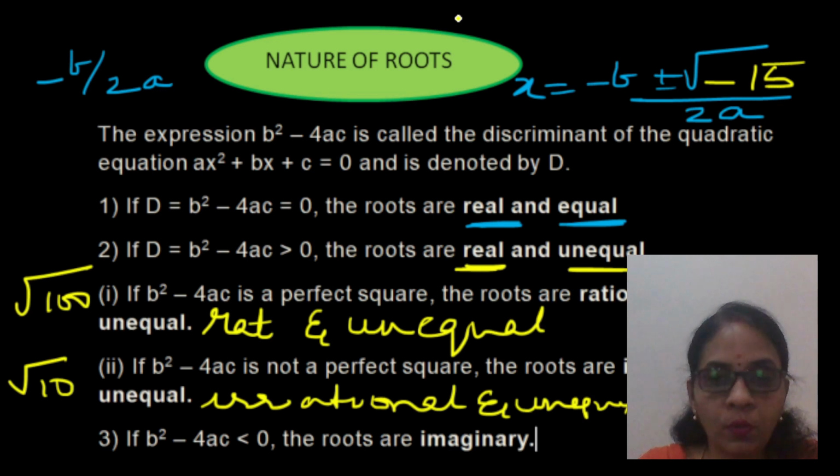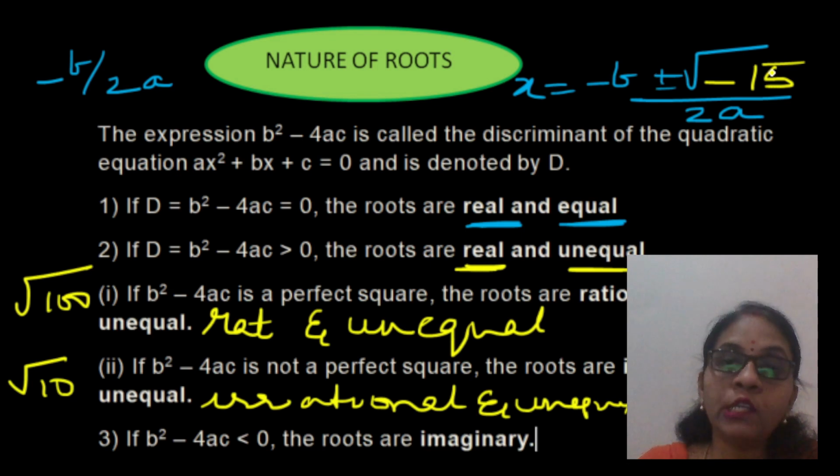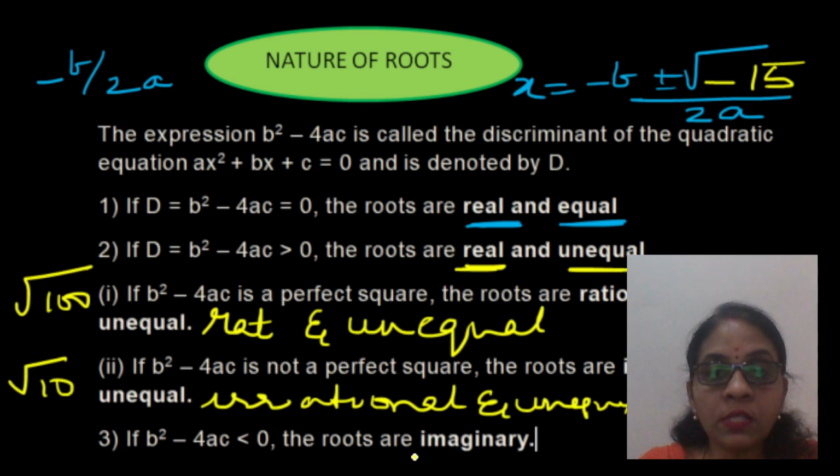As of now, no. Later on you will learn in complex numbers that you can, but complex numbers are not in your current syllabus. You need not worry about it. All you have to write at this level is that the roots are imaginary.